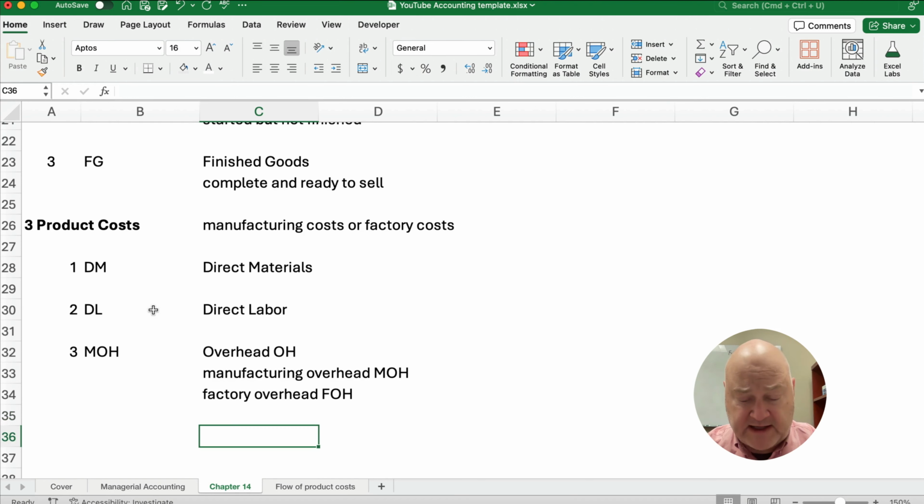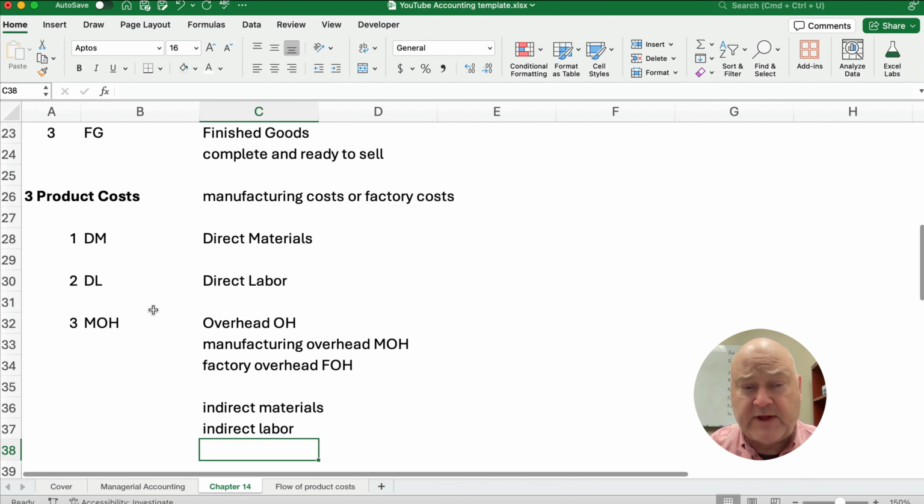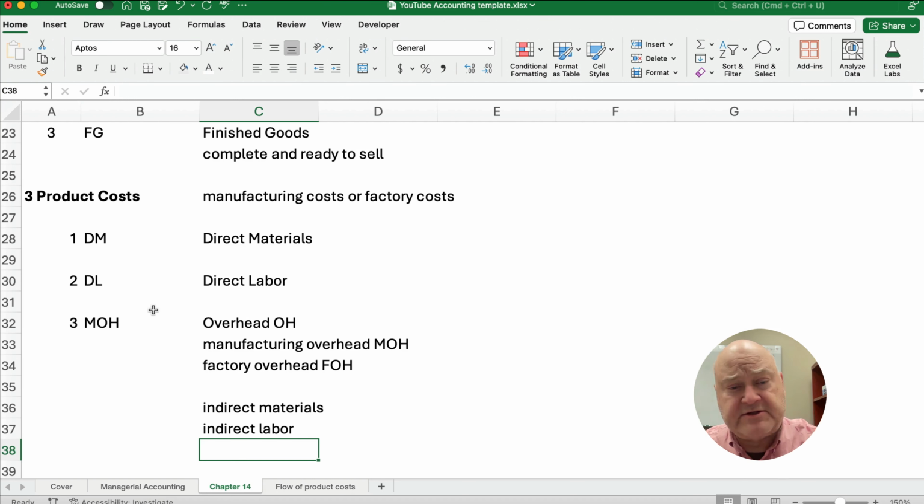So it could be things like indirect materials, indirect labor. Now, we have the big categories: direct materials and direct labor. Indirect materials would be extra things you need. If we're making furniture, then you'd have some stain or some finish or you might have some glue.